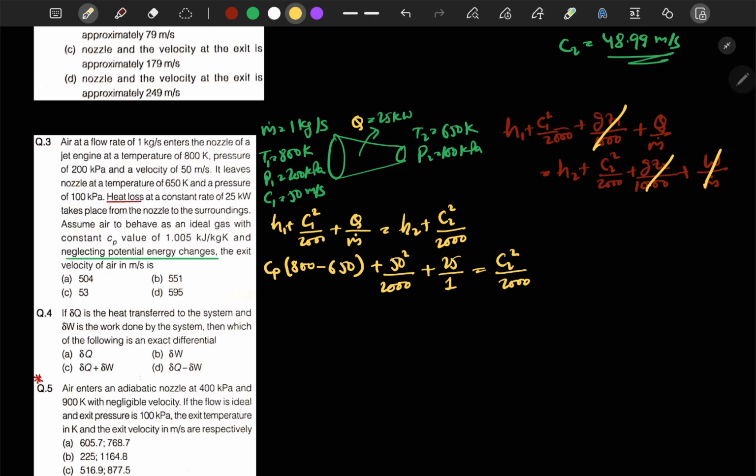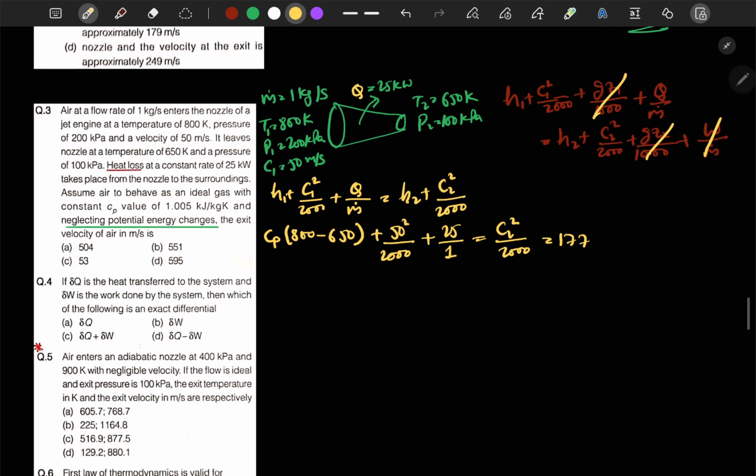So we will calculate all the values. 800 minus 650 is 150 into 1.005 Cp, and then we will add 50 square divided by 2000. Now we will add in this 25, we got 177. Now we will multiply it with 2000 and then take a square root, so we get C2 is equal to 595 meter per second. Option D is correct.